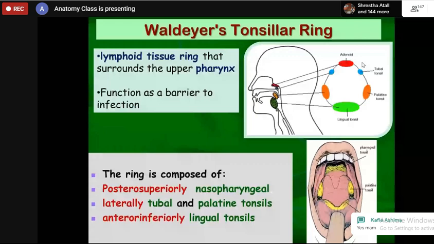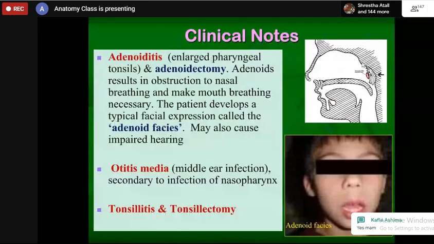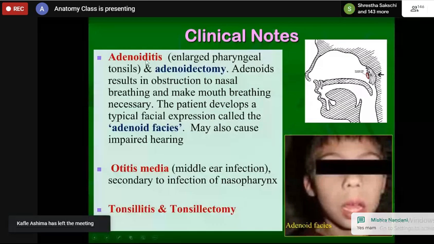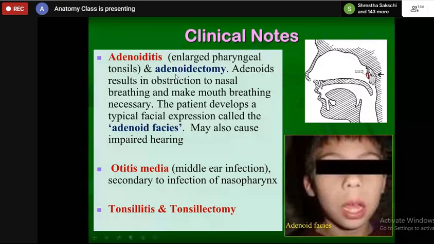Now the applied anatomy of those tonsils. I've already told you about the nasopharyngeal tonsil. When it gets enlarged, that condition is known as adenoiditis. Adenoidectomy is the removal of the adenoid. Whenever there is enlargement of the nasopharyngeal tonsil in children, they develop a typical facial expression known as adenoid face.